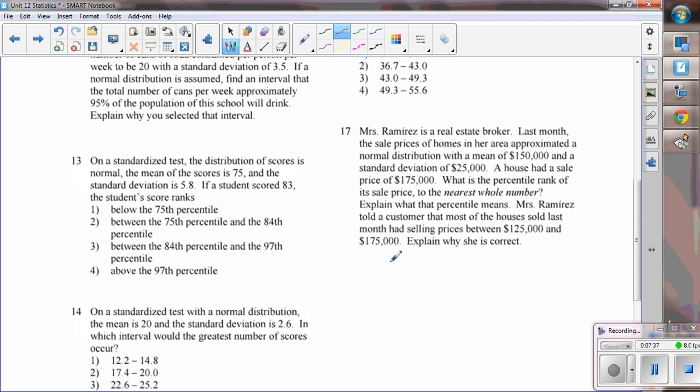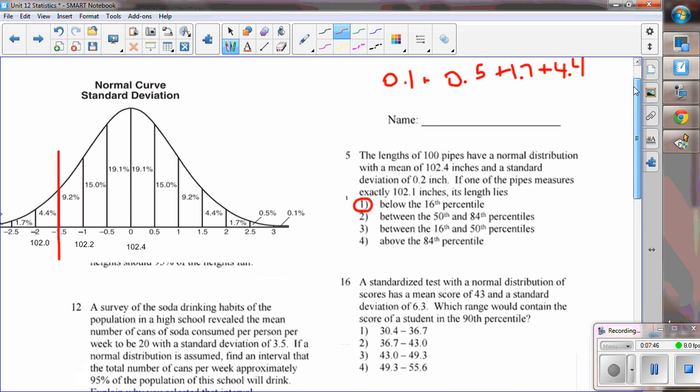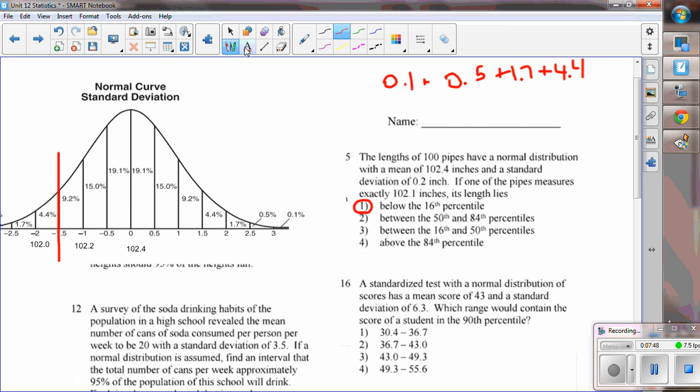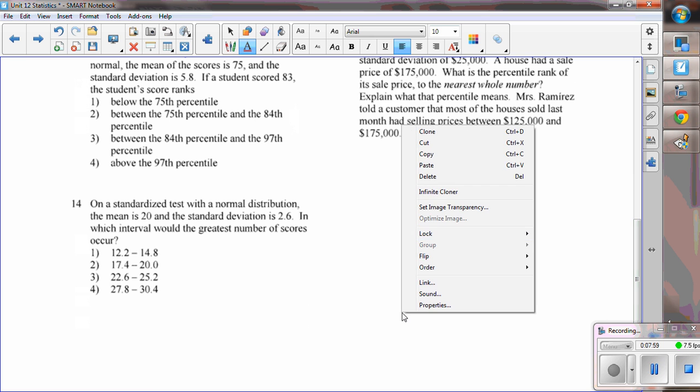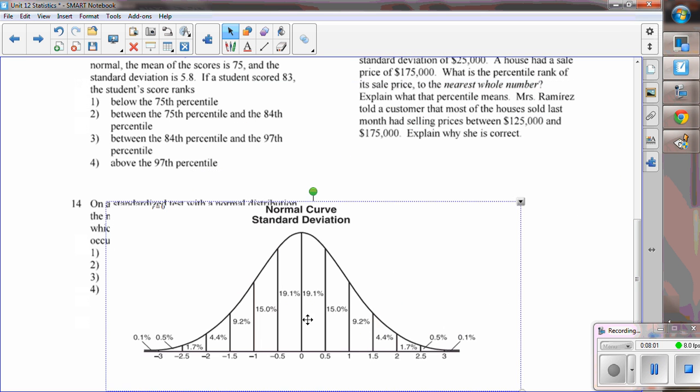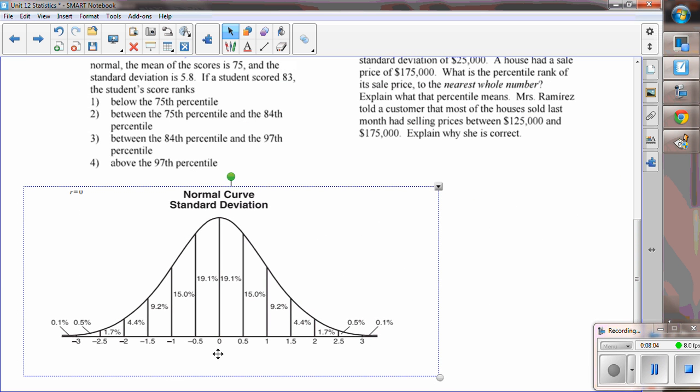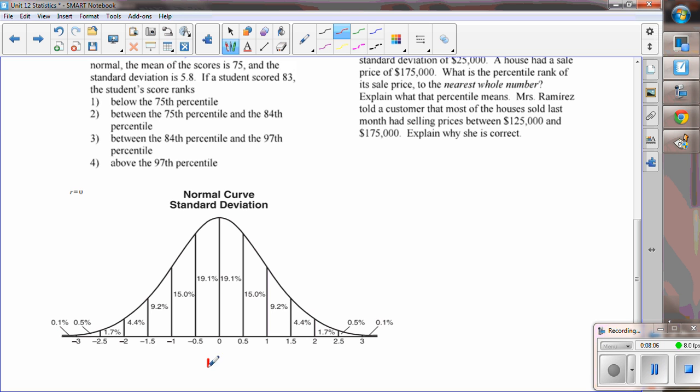So we are 1 standard deviation above the mean. I'm going to bring this curve down here. If you're doing this, you can always re-sketch the curve onto your paper.